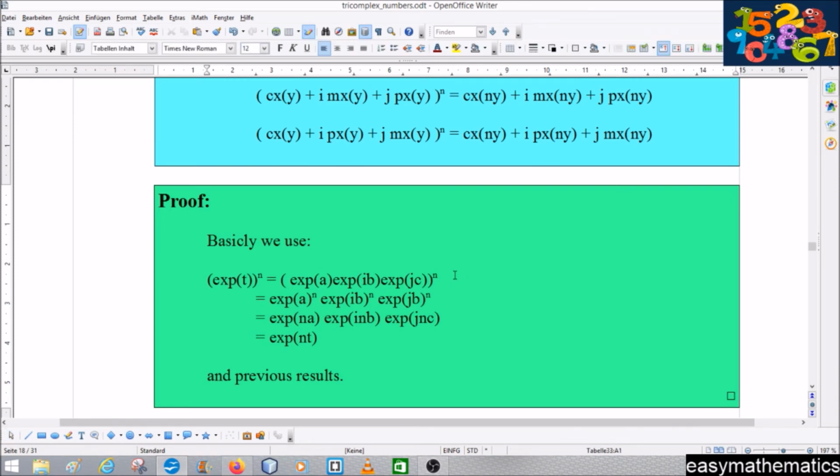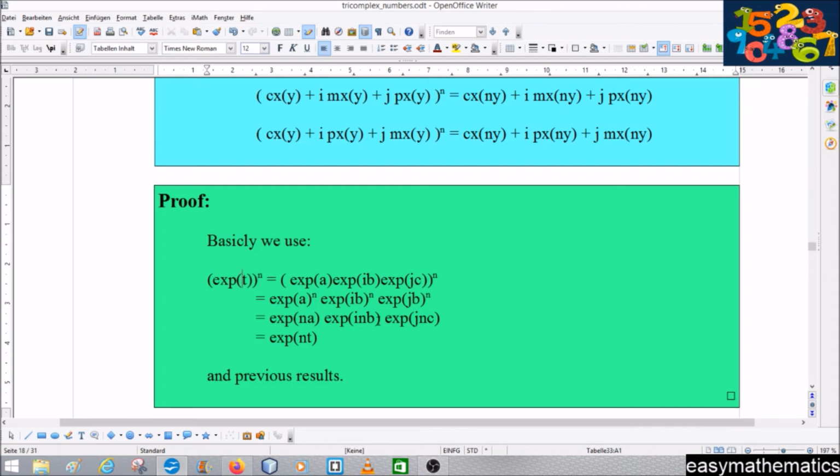What you basically use is the power of an exponential: you can distribute the exponent into the exponential.